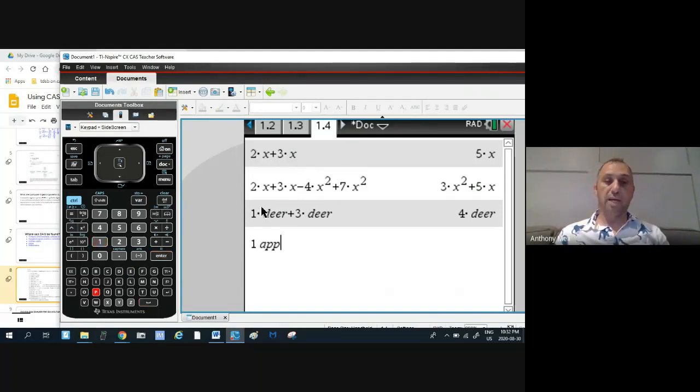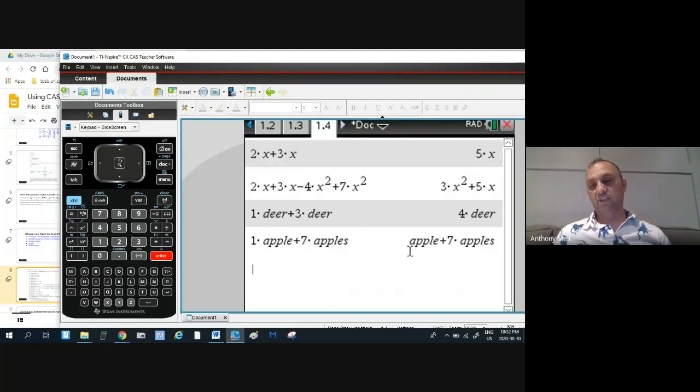But if you do 1 apple plus 7 apples, it doesn't complain actually, it just doesn't add them. So first of all, it dropped the 1. 1 apple is the same as apple, but 7 apples, plural with an S, is spelled differently than apple without an S. And because of that, it doesn't add them together because it doesn't think they're like terms.